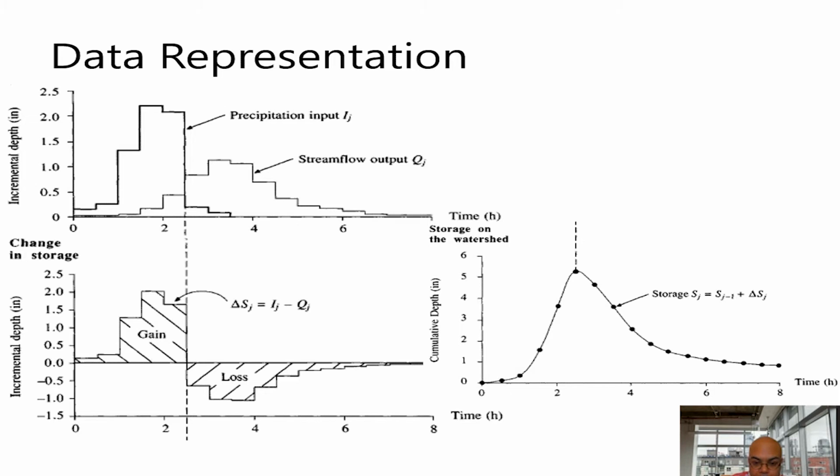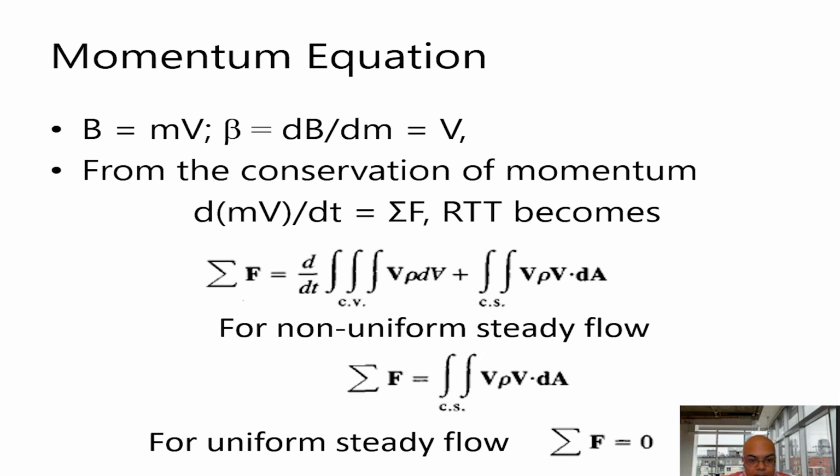So therefore, there is a decrease in storage value. Okay. So when we are given rainfall and stream outflow, we can compute the storage with respect to time. So next, this was the application of the continuity equation.